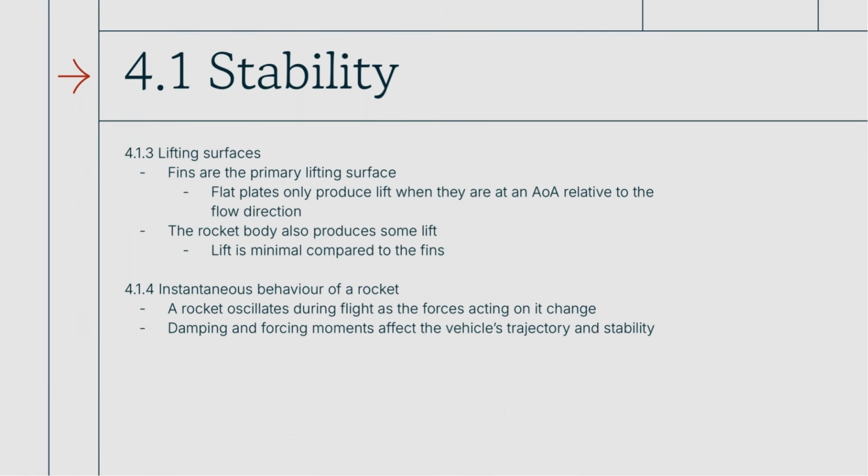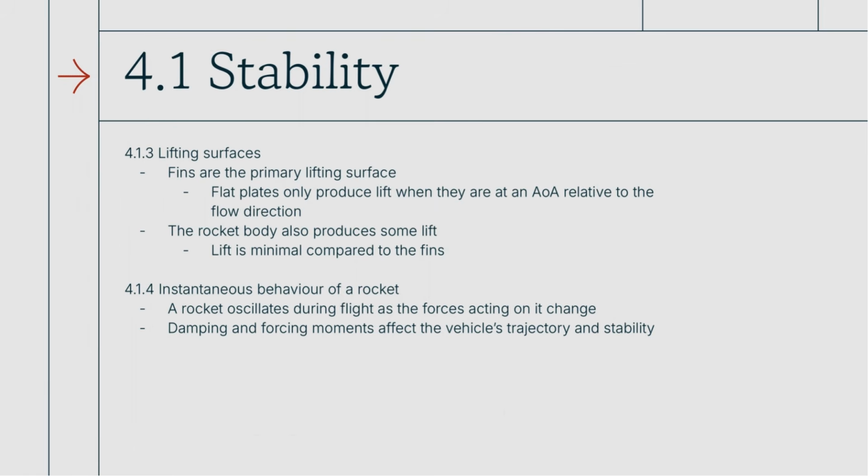But as soon as we start to deviate from that direction, they will create lift. And so that lift is restoring, acting and pushing on the rocket to keep it stable. The rocket body also produces lift, but it's pretty minimal compared to the fins.